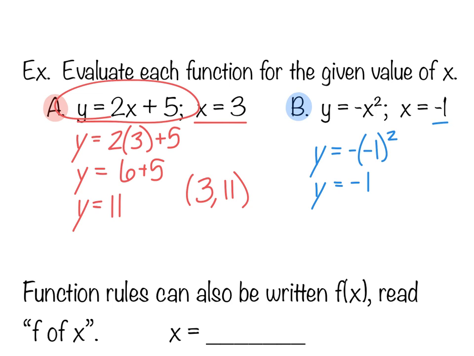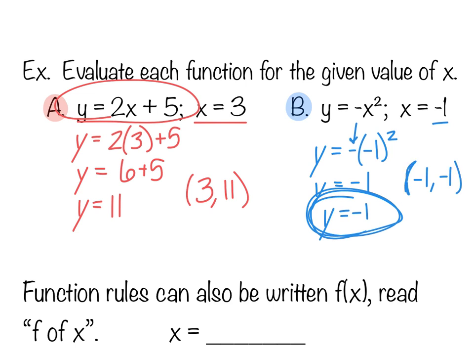Right? So I square -1 to get 1. There was a negative also in front. So my answer is going to go back to negative, and it's going to be -1. Right? So when I input -1, I also end up outputting -1. So that point is somewhere on this function, which is a curve because it's nonlinear.